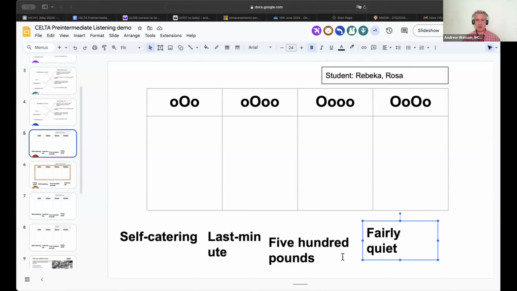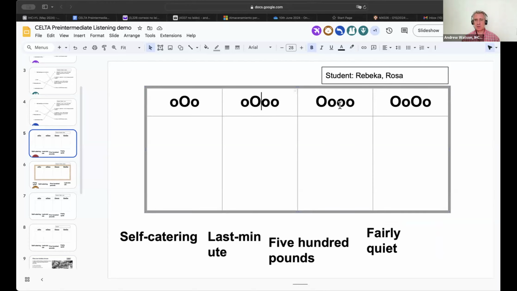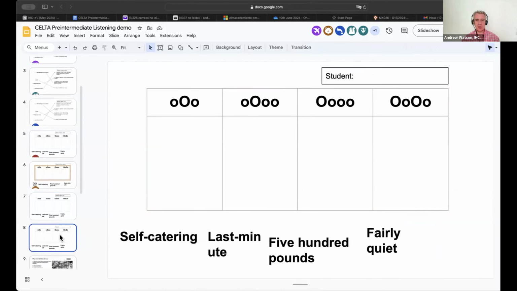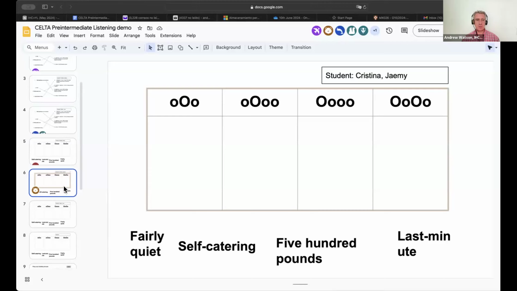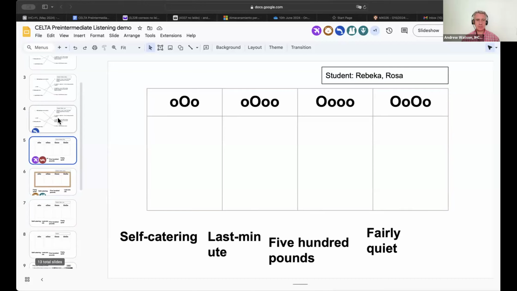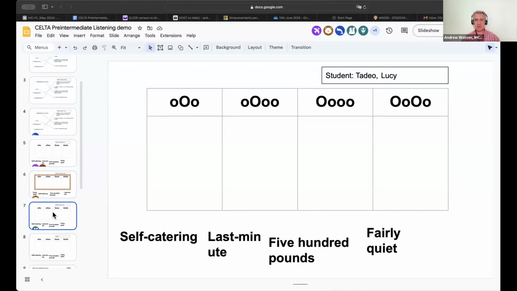I get 4, right? So it can either go in the second, third or the fourth column. All right. Now I'm going to play the audio and you decide. Now, Rebecca and Rosa, you're working on slide 5. Christina and Jamie, slide 6. Tadeo and Lucy, slide 7.